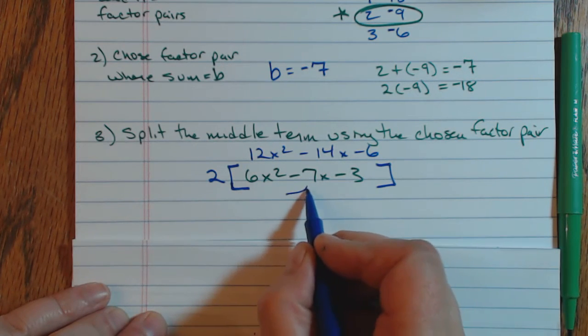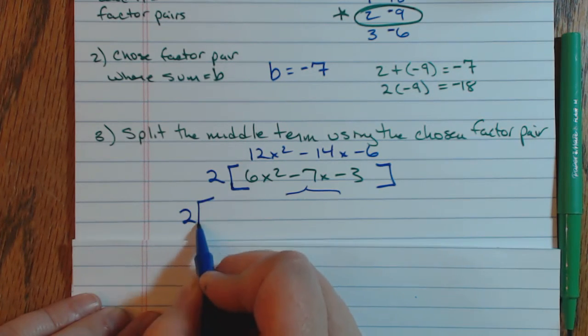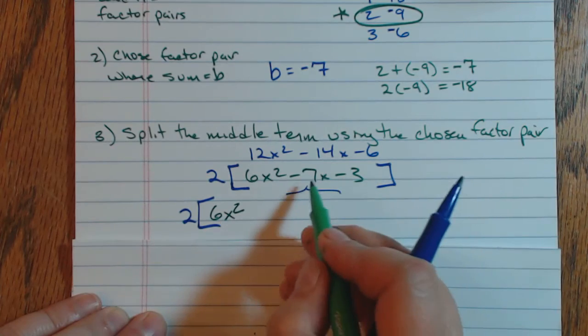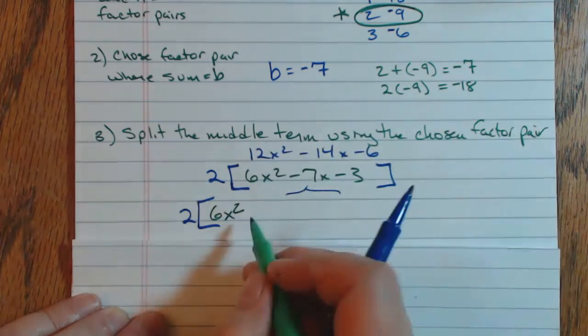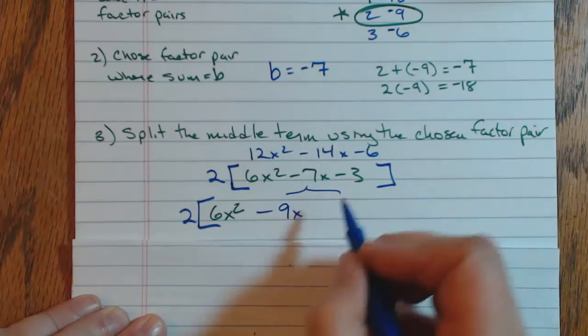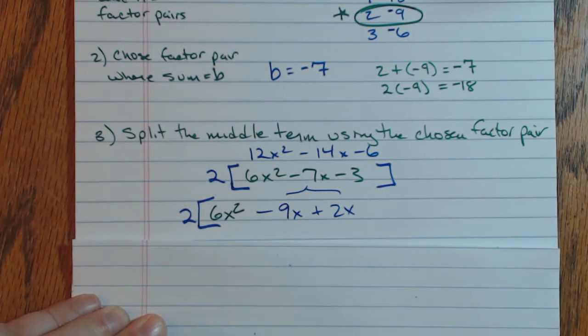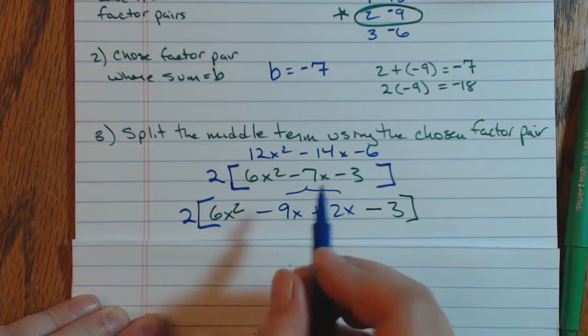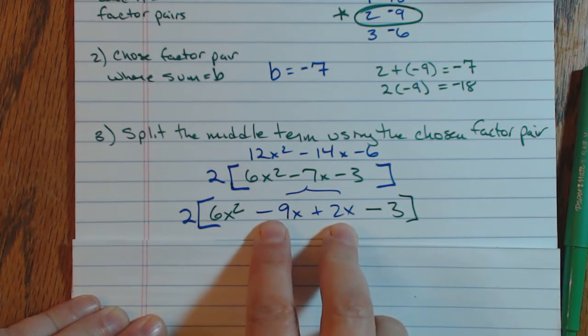So I'm going to split out that middle term. I still have this 2 outside my brackets. The first term is 6x squared. Instead of minus 7x, I'm going to put a minus 9x plus 2x. And my last term is still minus 3. So again, I always want to take a minute and double check.